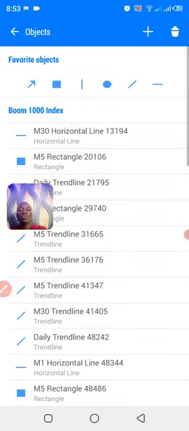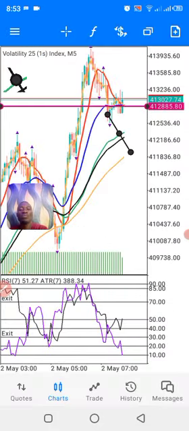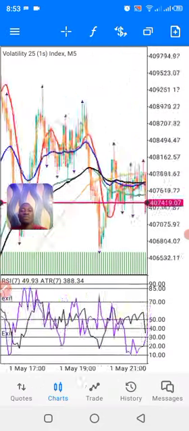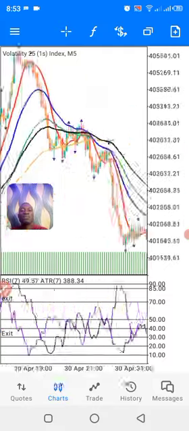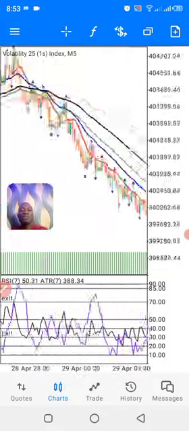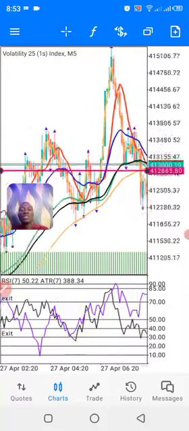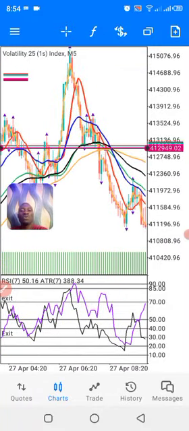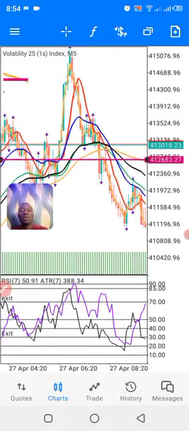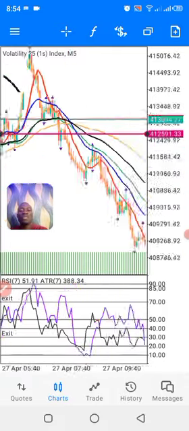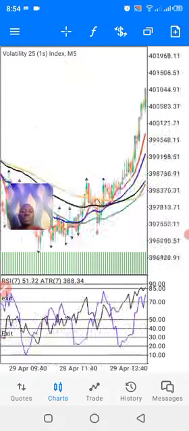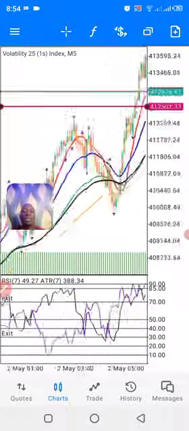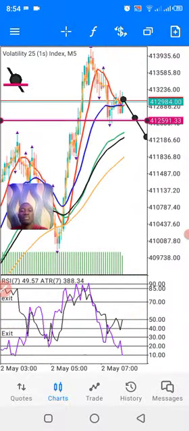If we want to know why it's ranging, you place your trend lines there and backtest a little, go back a little to see why it's forming that movement. This is it, look at the trend. This is what is causing that little back and forth movement. It's forming a similar thing right here.